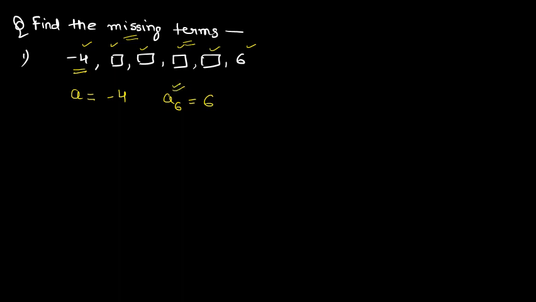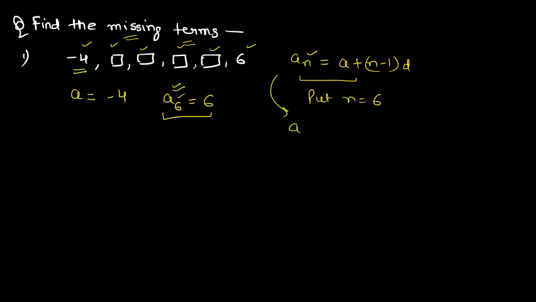Now, this An, we know the formula of An is A plus (n minus 1) into D, right? This is the formula for the general term. So if you compare this with the An formula, you will find that if you substitute n as 6, it will be A6 equals A plus (6 minus 1), that is 5D, correct?